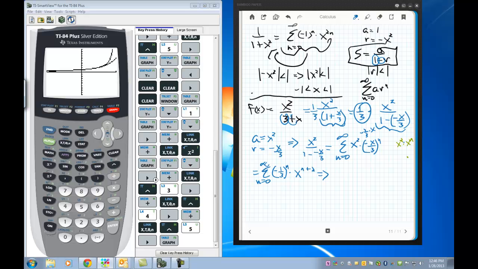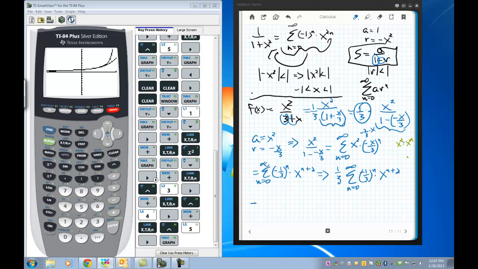So this implies that 1/3 times the sum, as n goes from 0 to infinity, of negative 1/3 to the n times x to the n plus 2. Now that 1/3 is out in front, but remember, this is just a sum. So the distributive property is in full effect.